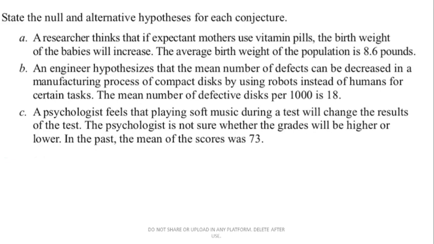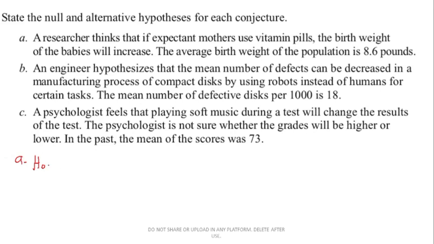What would be the null hypothesis? Jerome, what would be the null hypothesis? Ma'am, it is equal to 8.6 pounds. Yeah, that works.